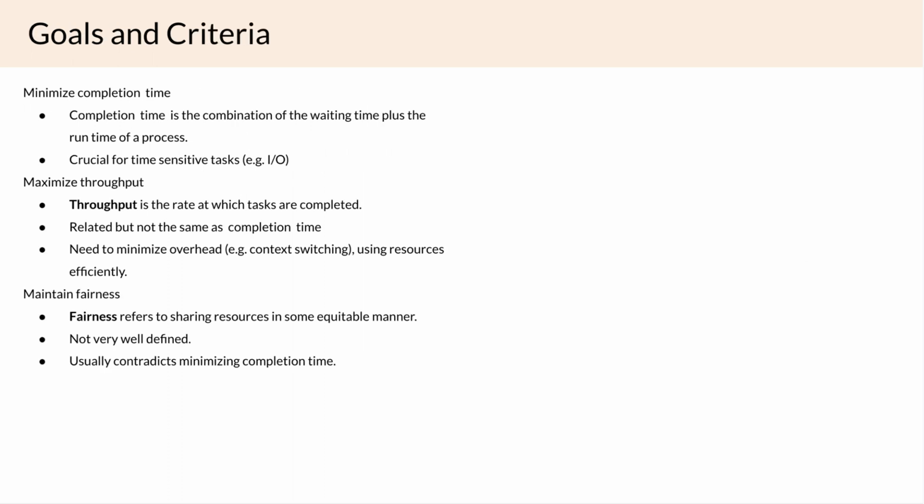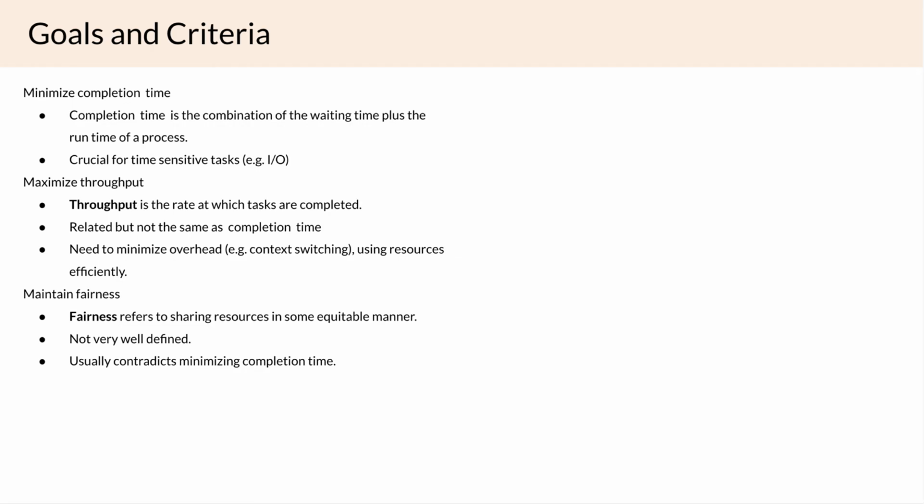Now, before we talk about specific scheduling algorithms, we're going to start off with some goals we have for scheduling. The first is completion time. We want to minimize the time it takes for a thread to complete its execution. Specifically, we define completion time as the sum of the time a thread waits to execute, as well as the time that it takes to actually execute, which we call its runtime.